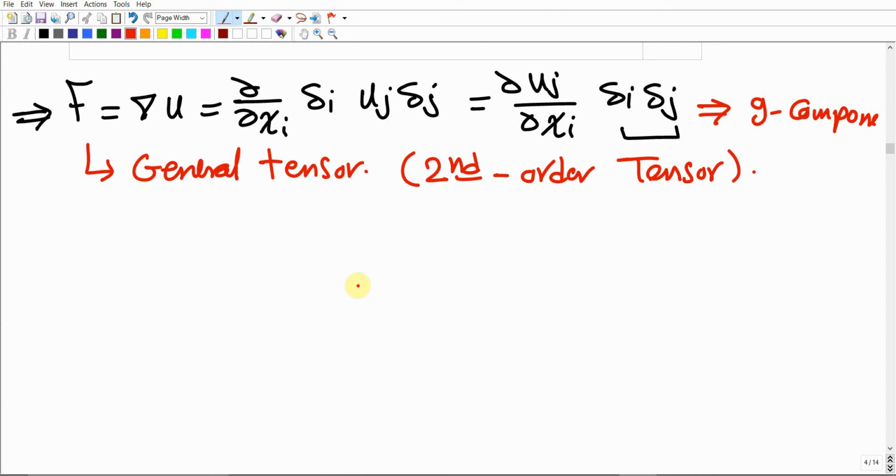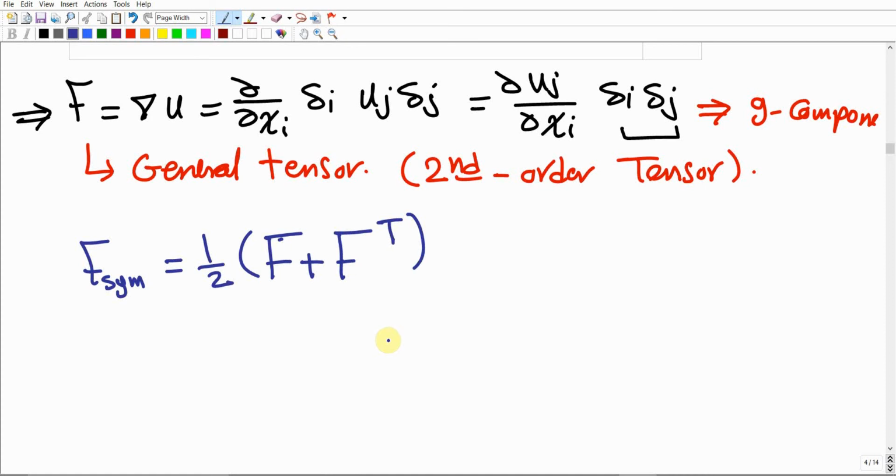So if I ask you to derive or split this F into its symmetric part, the symmetric part of F will simply be 1 over 2 the F tensor plus the transpose of the same tensor, right? Very simple.